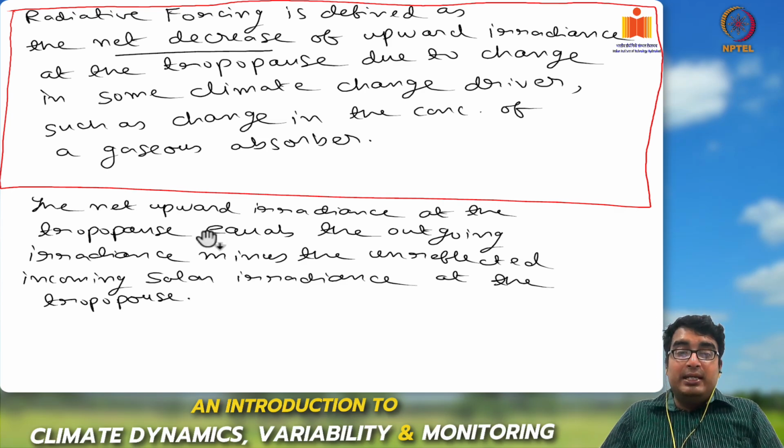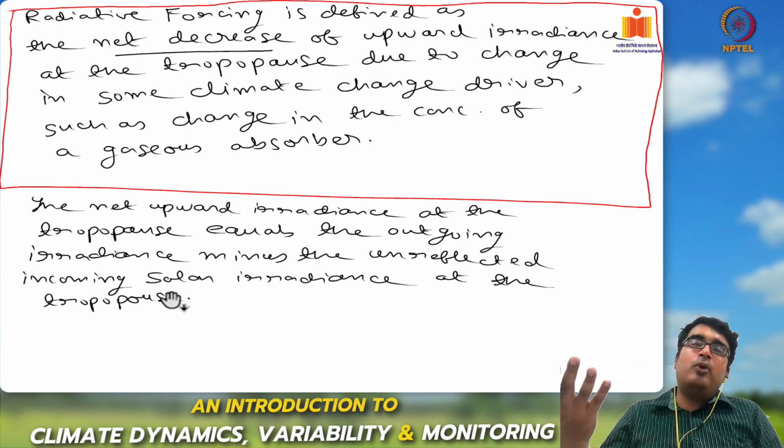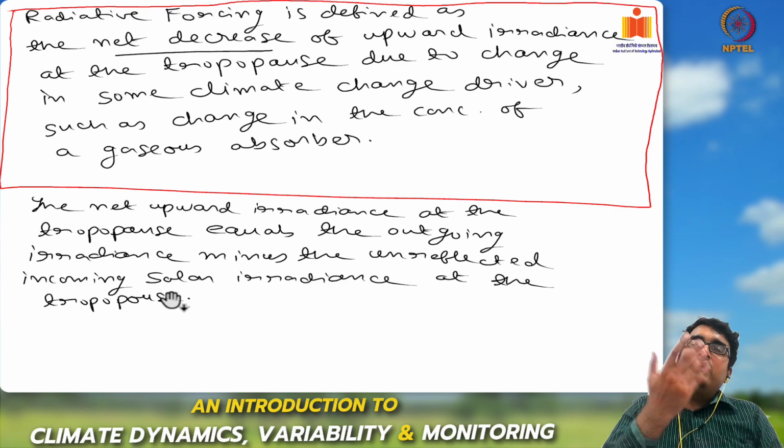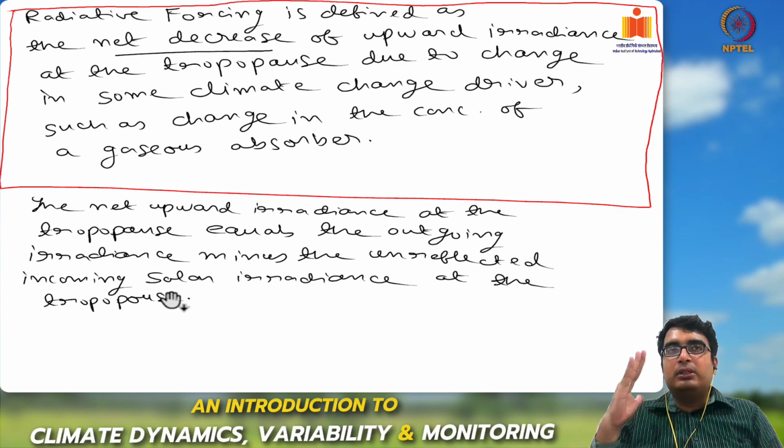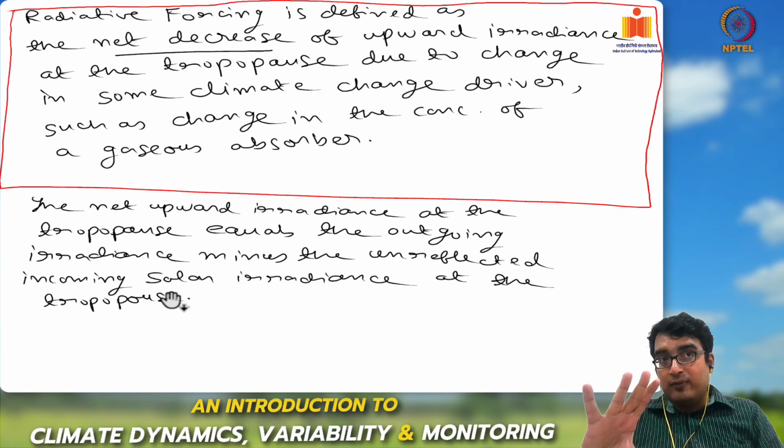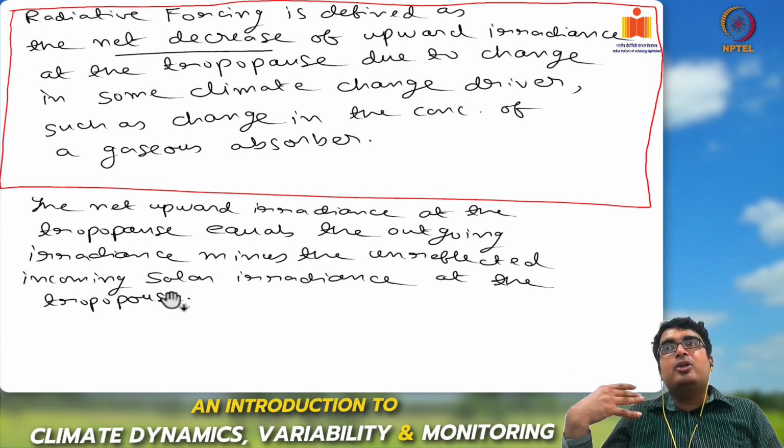The net upward irradiance at the tropopause, so remember the tropopause is the boundary between the troposphere and stratosphere, equals the outgoing irradiance minus the unreflected incoming solar irradiance at the tropopause. So the net upward irradiance is basically the outgoing longwave radiation coming from both the surface of the earth as well as the atmospheric layers between the surface and the tropopause, minus the incoming shortwave radiation, that part which is not getting reflected by dust particles, clouds or the surface.